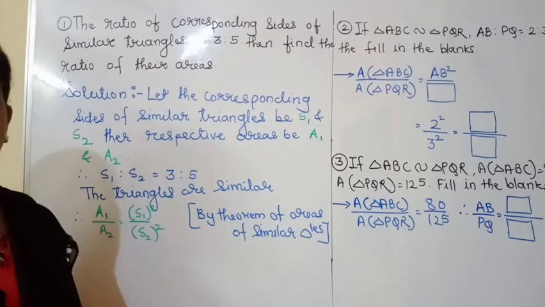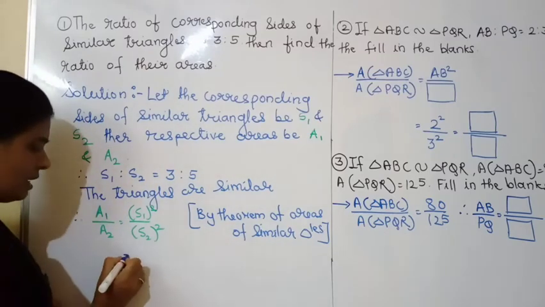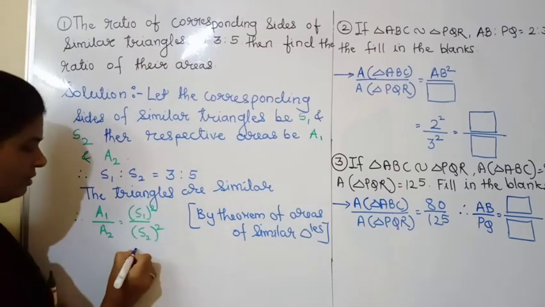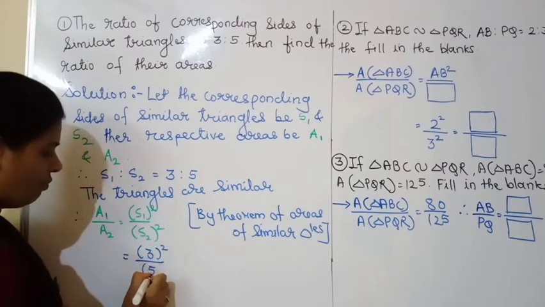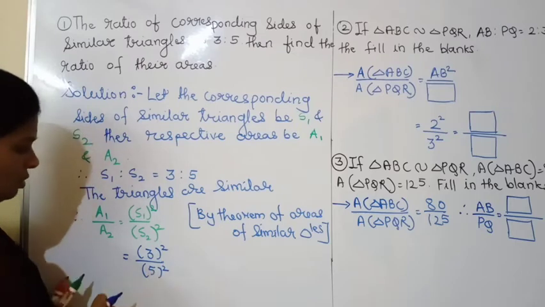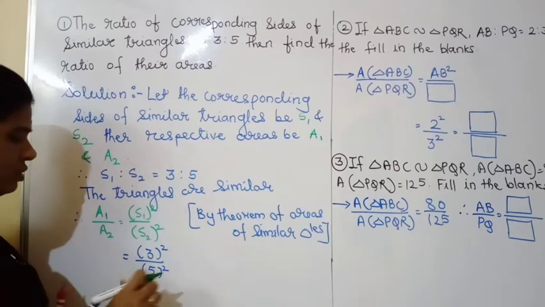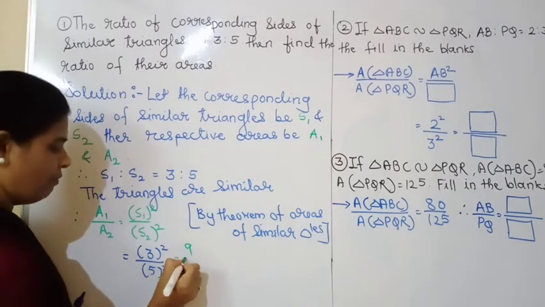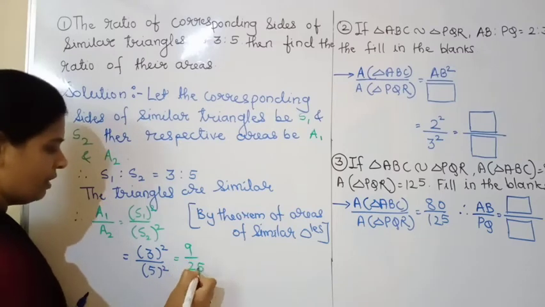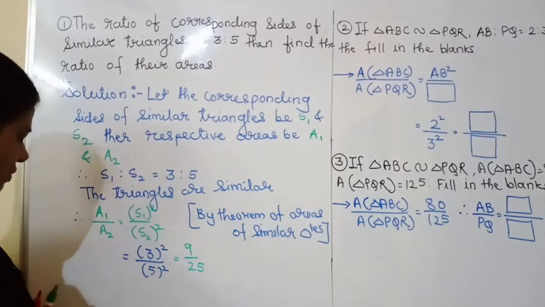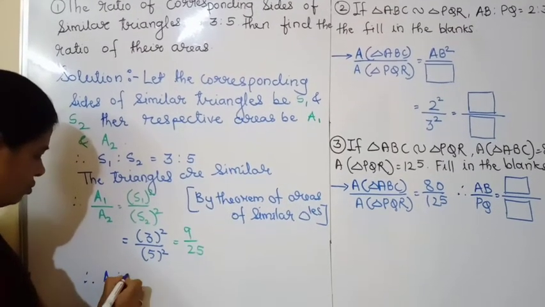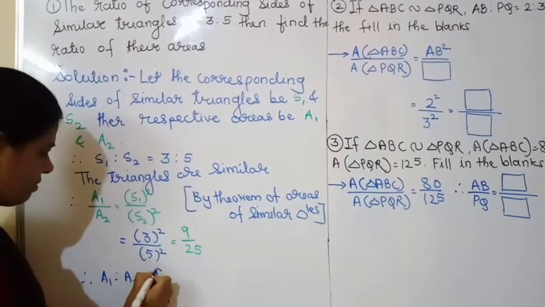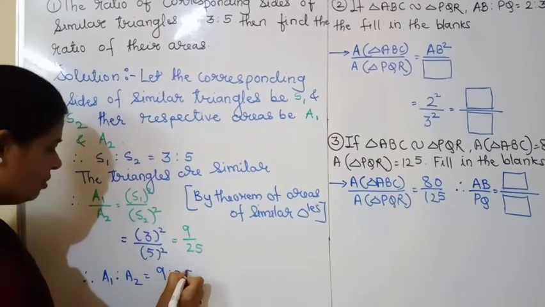Now we'll substitute the values. आता आपण values टाकायच्या आहेत. S1 ची value आहे 3. So 3 square upon 5 square. Now we'll do the square: 3 square is 9, and 5 square is 25. So at the end you will get the ratio, therefore A1 is to A2 is equal to 9:25.